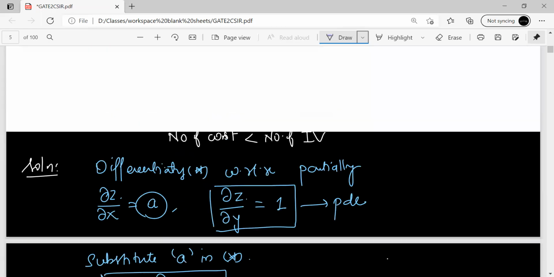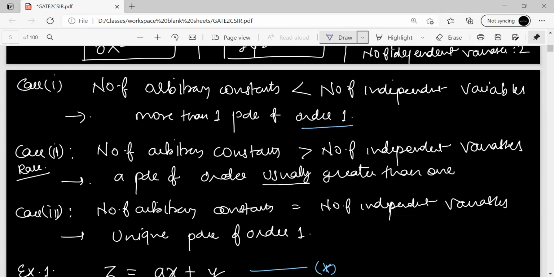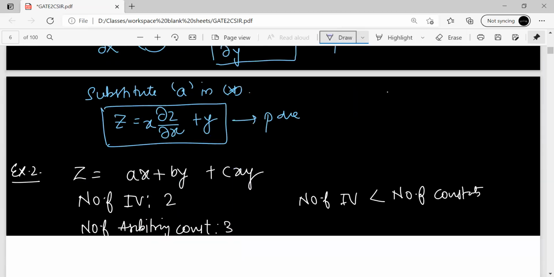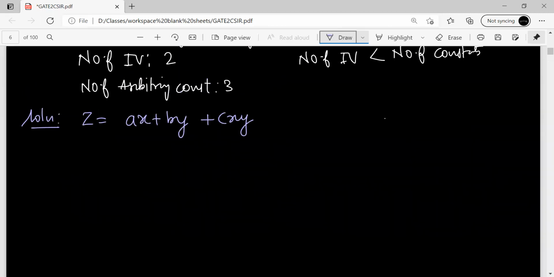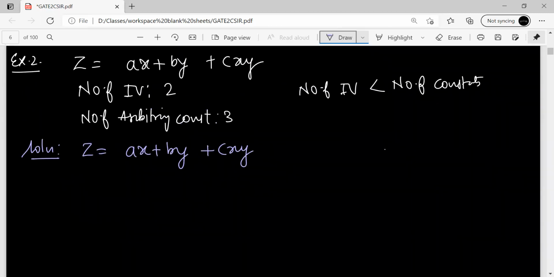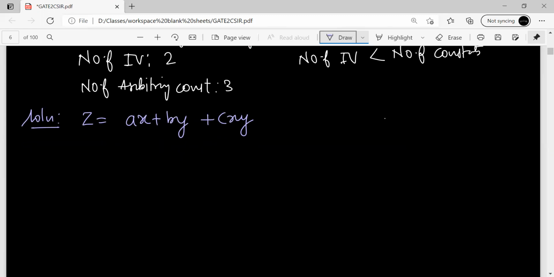And again, not just one PD, you will get more than one PD. I'll say PDs, of order usually greater than 1, because we cannot expect just one PD. You will get a unique PD only when you have number of constants equal to number of independent variables. Only in that case you will get a unique PD, and in the rest of the cases you won't.